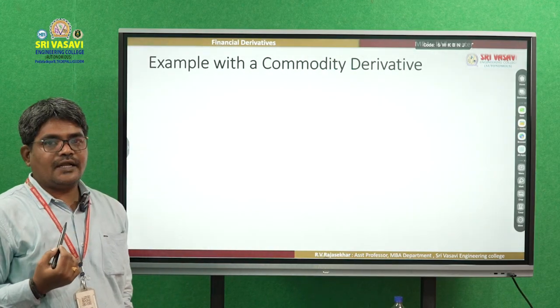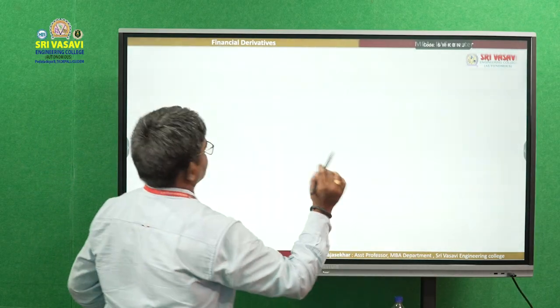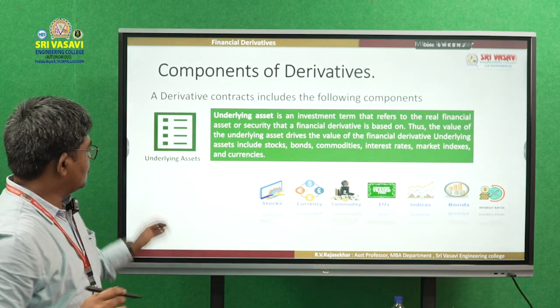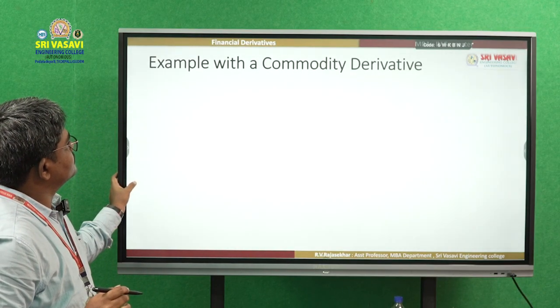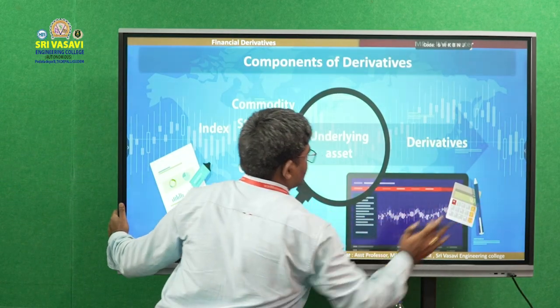Now, let me get into the details of the various components in a theoretical manner. These four, what are these four?